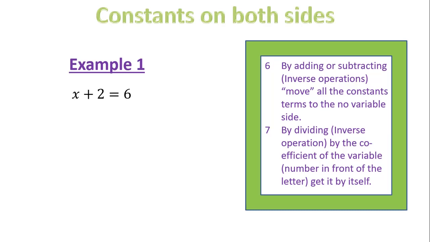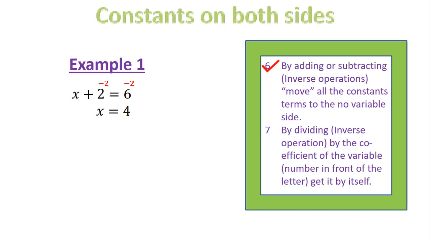Now, as I said, we're using inverse operations. So the opposite of adding 2 is subtracting 2. So I subtract 2 from both sides. So I then get x is equal to, and 6 minus 2 is 4.